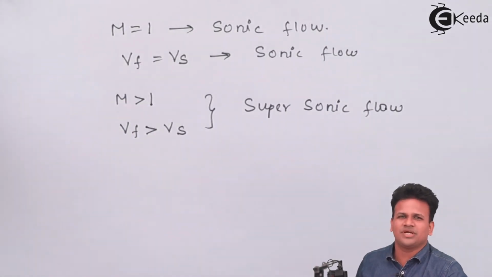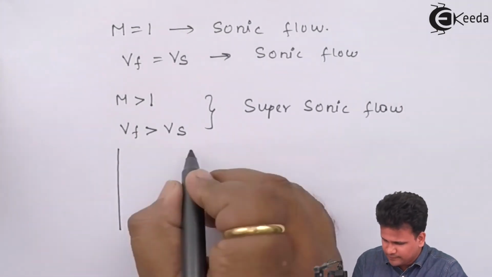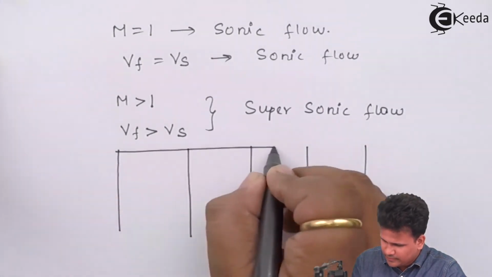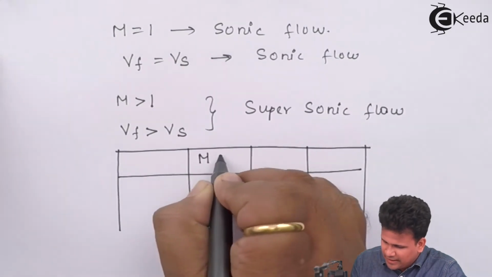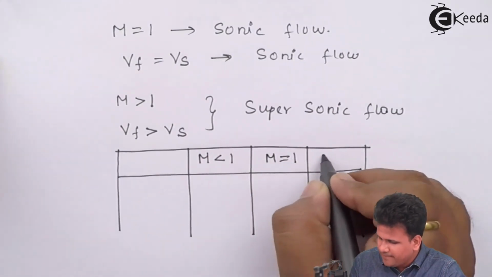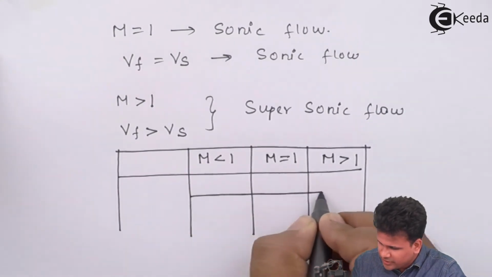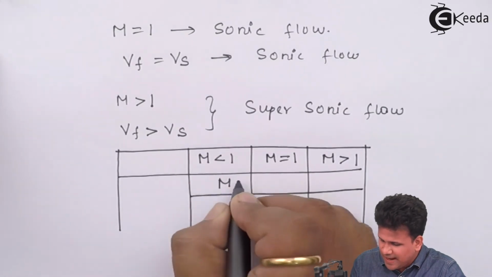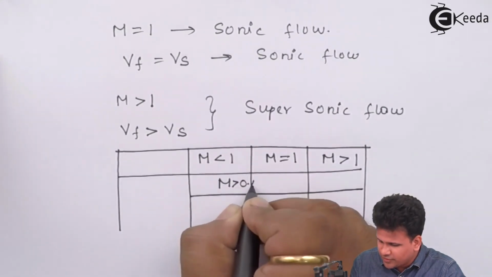So you can differentiate this entirely in one table: Mach number less than 1, Mach number equal to 1, Mach number greater than 1. Here the lower limit is that the Mach number should be greater than 0.4.